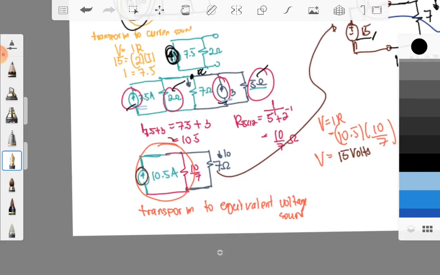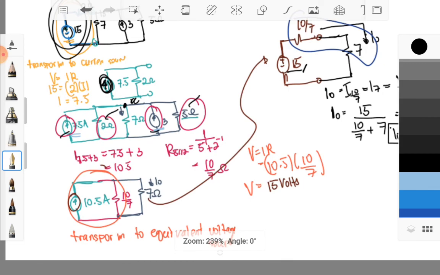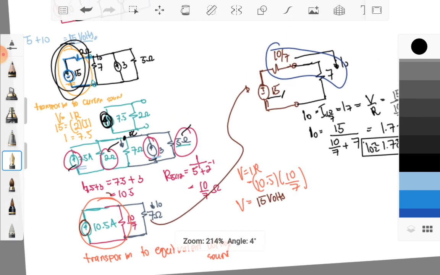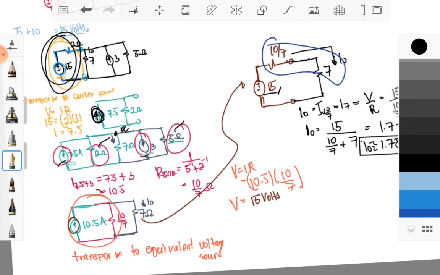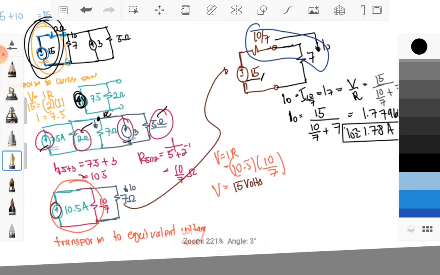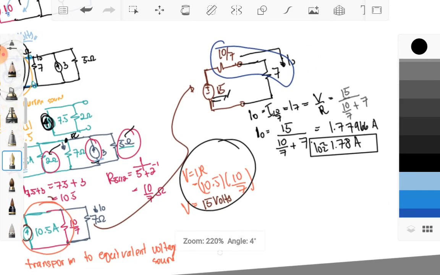Okay, so after that we will have a value equal to 10.5 multiplied by 10 over 7 in order to get the value of your voltage, 15 volts. And then after that, take note that your resistor will be in series with your 7 ohm resistor.